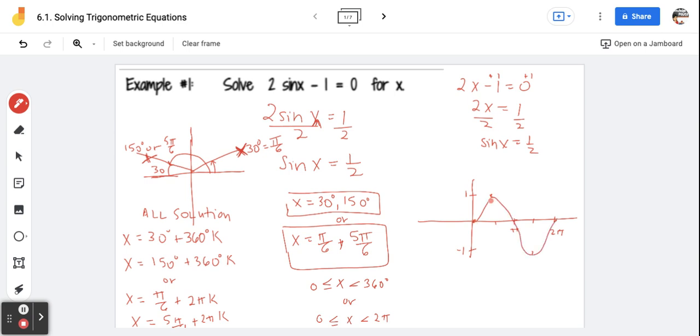All right, so this is the graph of y equals sine x. And then let's look at the graph of y equals 1/2.